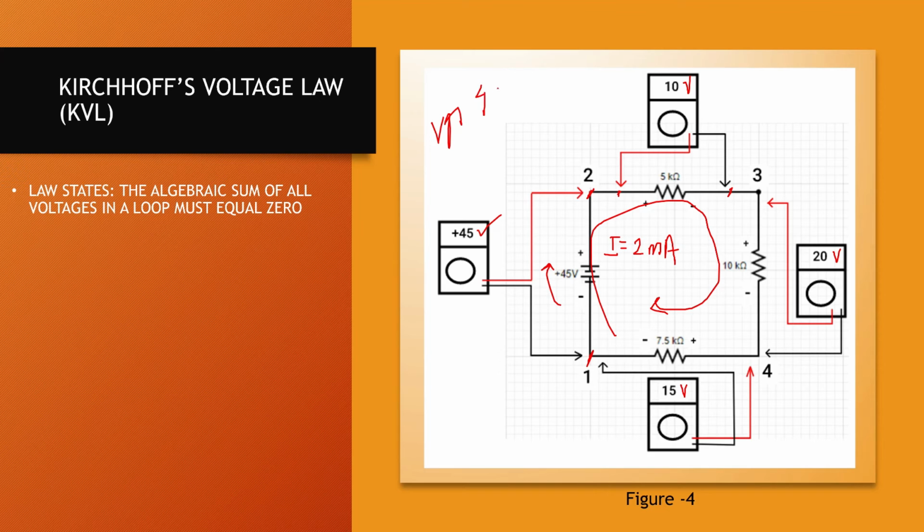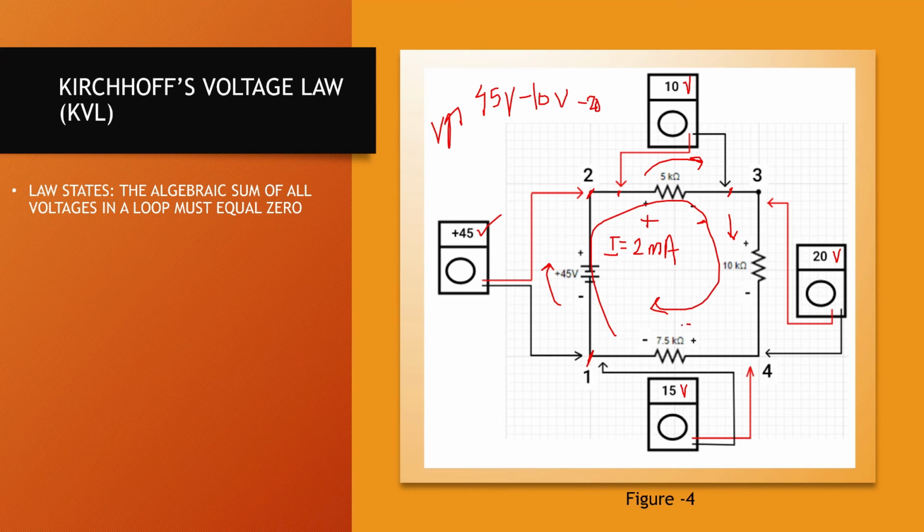So you have 45 volts. This is plus and this is minus. When you go from higher to lower, the way the current would flow, your voltage is going to decrease. So it's going to be minus 10 volt. Similarly, over here, your voltage would be minus 20.